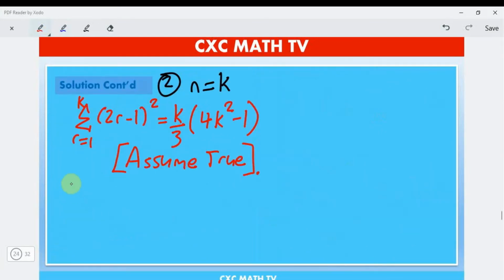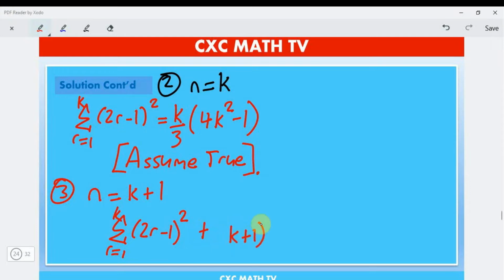Now, this is how we do step 3. For n equal to k plus 1, please remember this, it is the sum from r equal 1 to k of the function which is (2r minus 1) all squared, then plus the k plus 1 term. Please remember it for me.